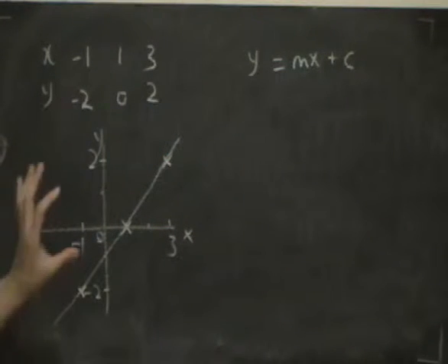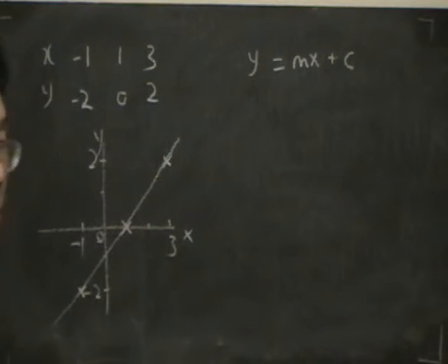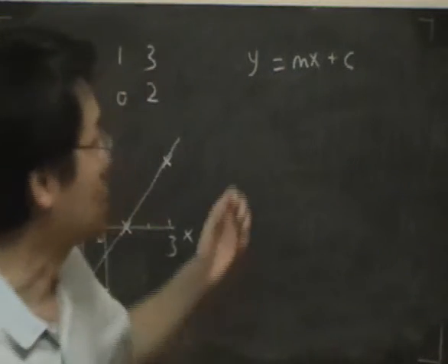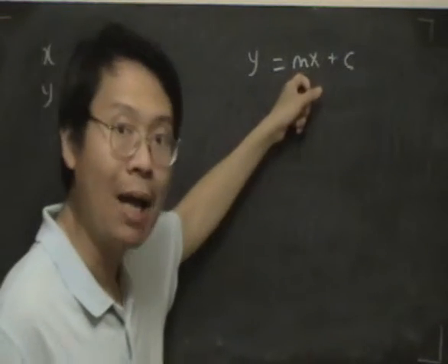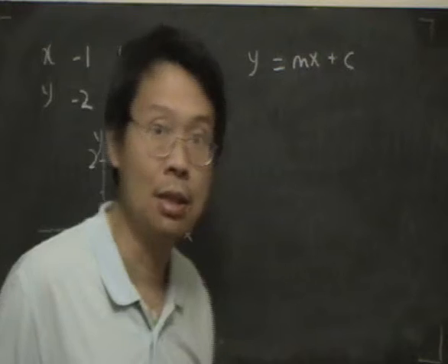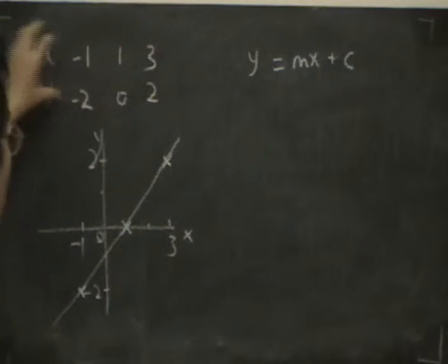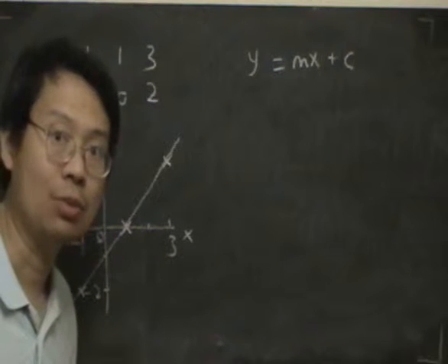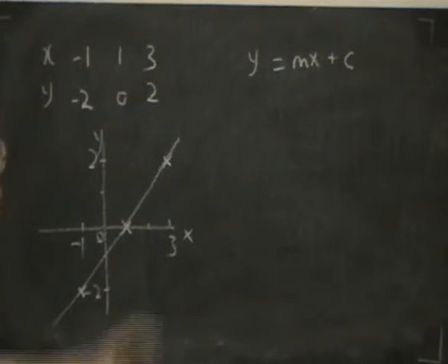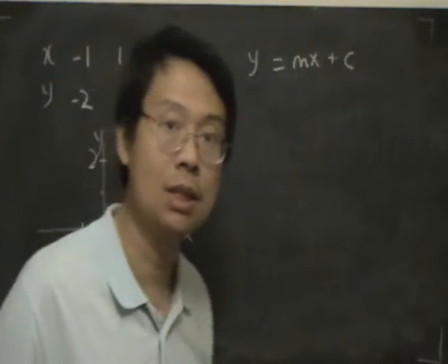So to find the equation for this straight line means that I must find the numbers m and c for this straight line, or for this table of x and y numbers. So how can I find the m and the c from here?